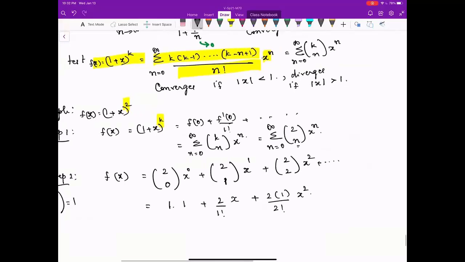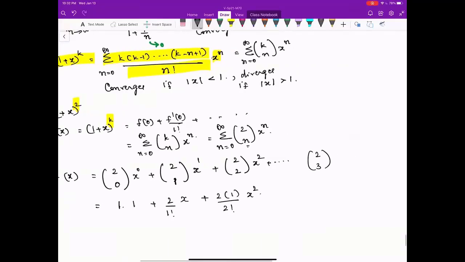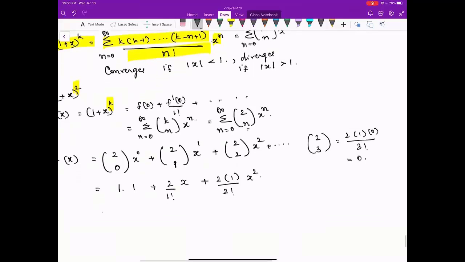Even if you do 3 chosen out of 2, how do you reduce? It is 2 times 1 times 0 divided by factorial 3. So 3 chosen out of 2 and after, all of the terms are going to be 0. That is 1 plus 2x plus x squared.